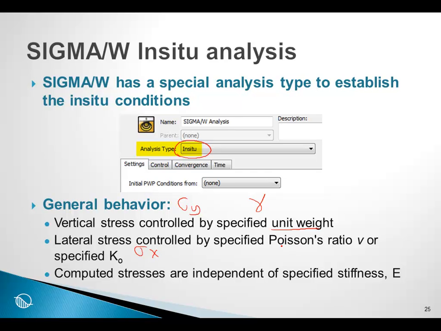It's either controlled by Poisson's ratio or with a specified K0. And when you do an in situ analysis using SIGMA/W, the computed stresses are independent of the specified soil stiffness E. So E does not come into play when we establish the in situ stresses using this analysis type.